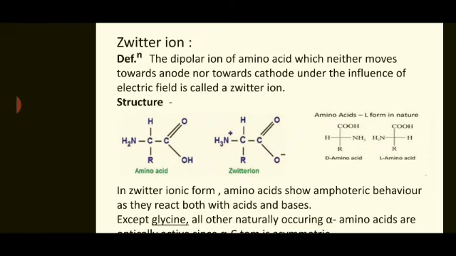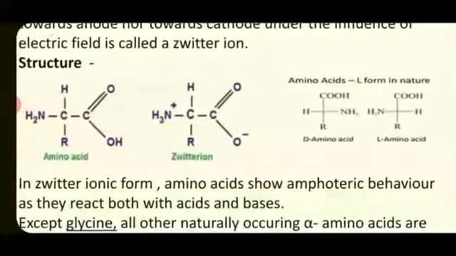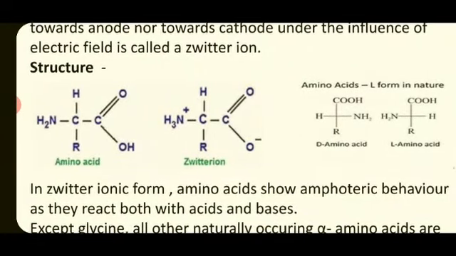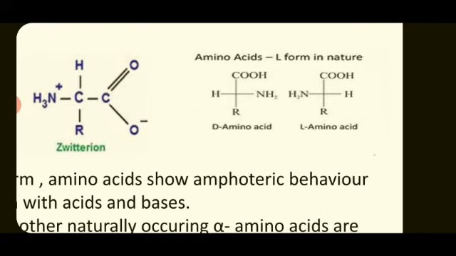Now here the structures are given. Amino acid structure is given as well as Zwitter ion structure. Just go through this Zwitter ion structure. You can see COO, the O becomes negatively charged, that is the complete COO group becomes negatively charged, and NH2 accepts a proton and becomes H3N plus.